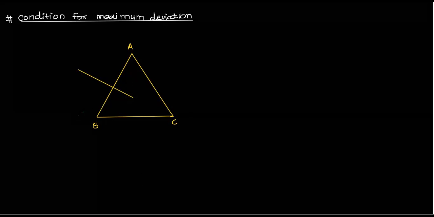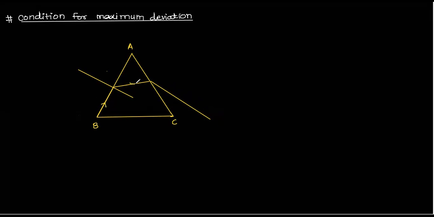So what is the maximum incidence angle possible? 90 degrees. Yes. So the ray will go like this, and then it will refract, and then it will emerge out of this prism.